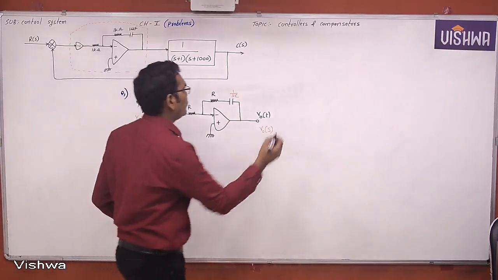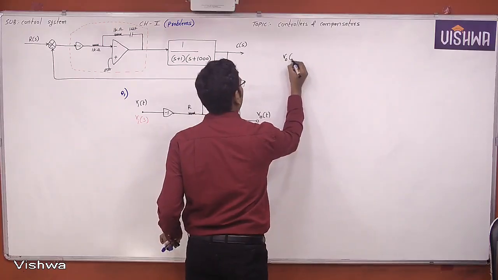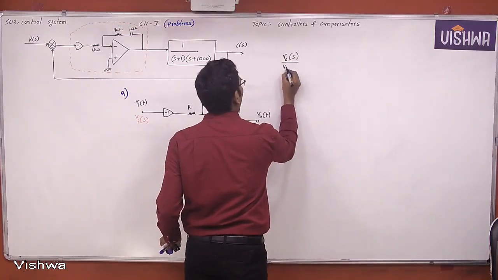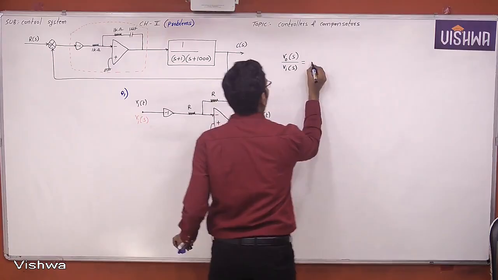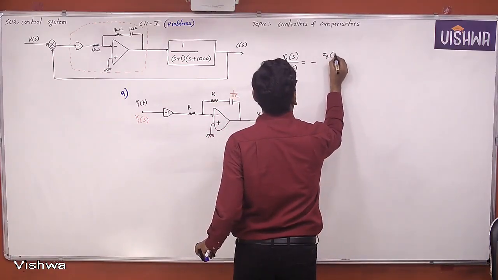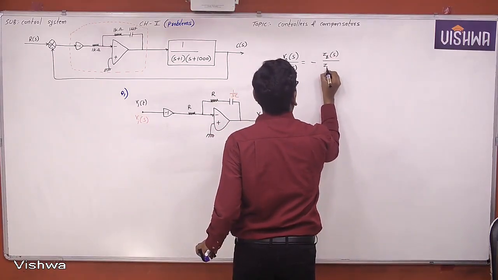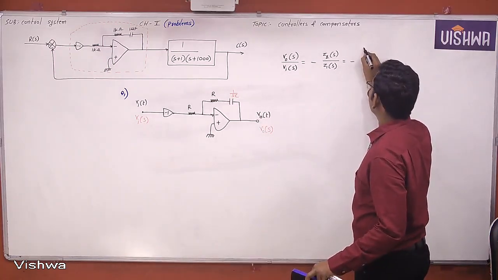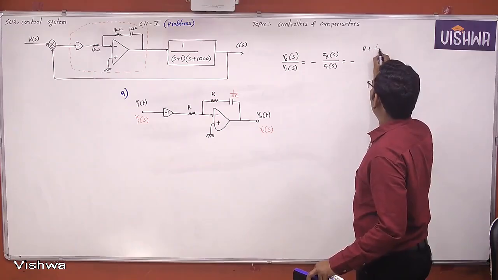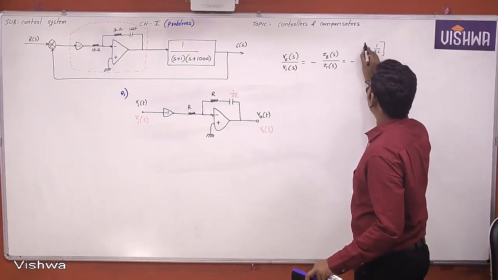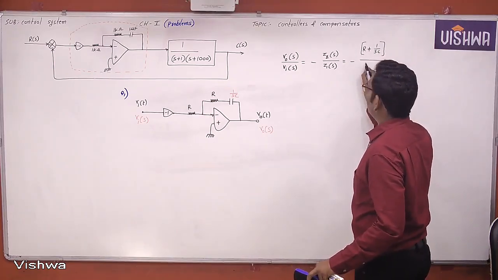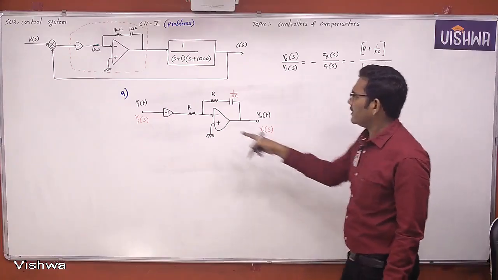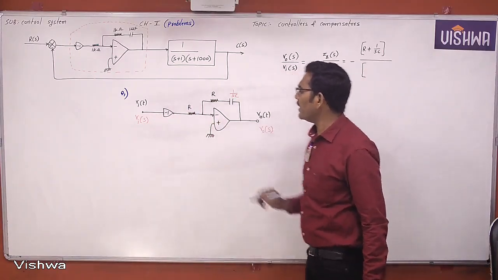What is the transfer function? V naught of S by Vi of S is equal to minus Z2 of S by Z1 of S, which is equal to minus, what is Z2 of S? R plus 1 by SC, by, now what is Z1 of S? This is Z1 of R into gain minus 1.